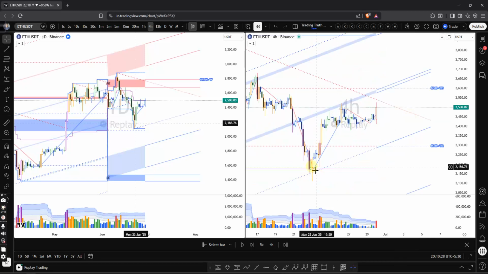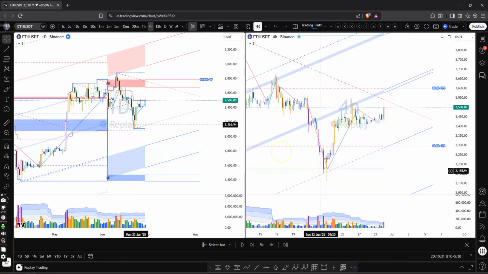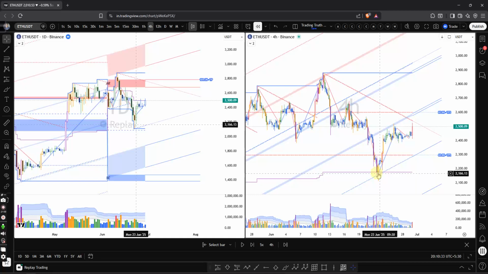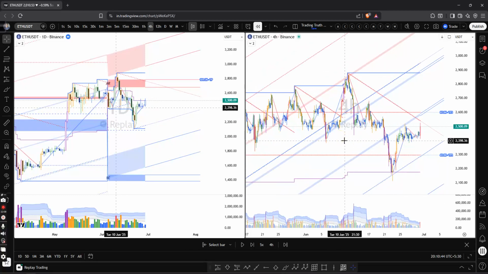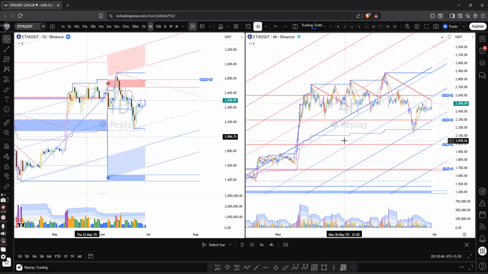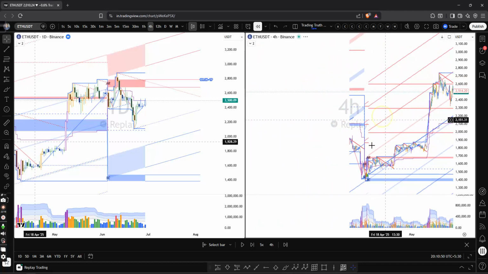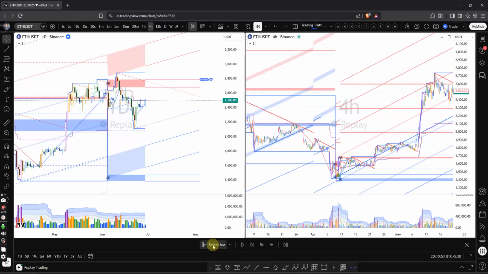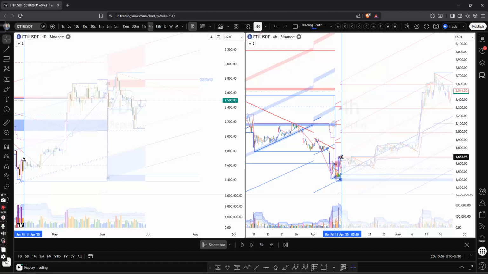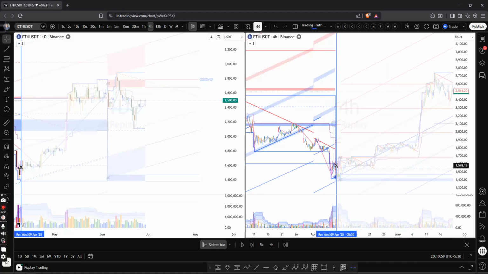You see, the market on the 4 hour time frame actually reached this point, and this upstairs got hit, and that's why the market had to go up. You can see the same principle from this point onwards. Let me play it side by side so that you can understand what I'm trying to teach you.